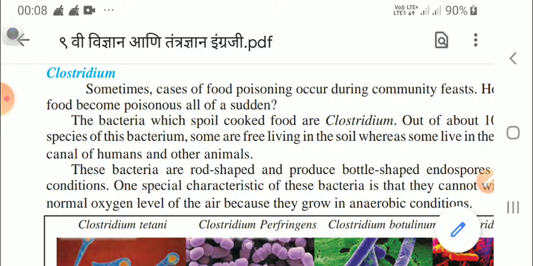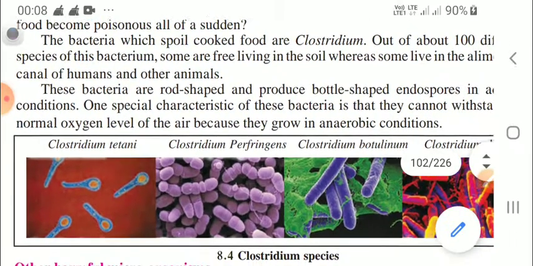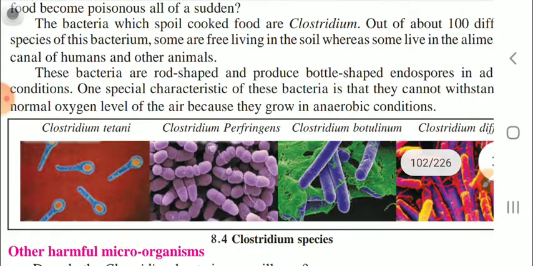So this way we can see how the food poisoning is affecting and how the Clostridium bacteria suddenly cause our food to become spoiled or poisonous. Now here we'll see, children, some structures of the bacteria.